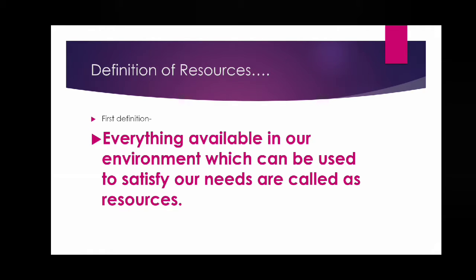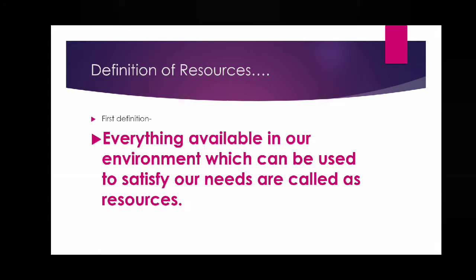There are mainly two definitions which are very important, and you have to go through these two definitions and understand them very carefully. So the first definition: everything available in our environment which can be used to satisfy our needs is called a resource. Already we have discussed. What is the first important thing here?